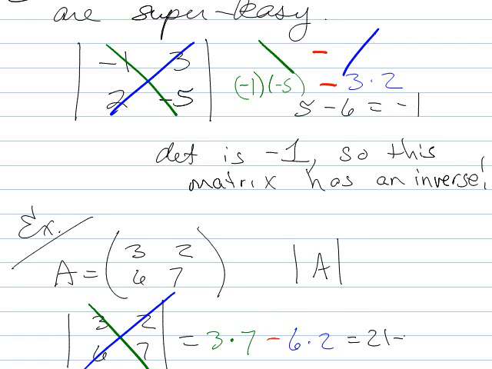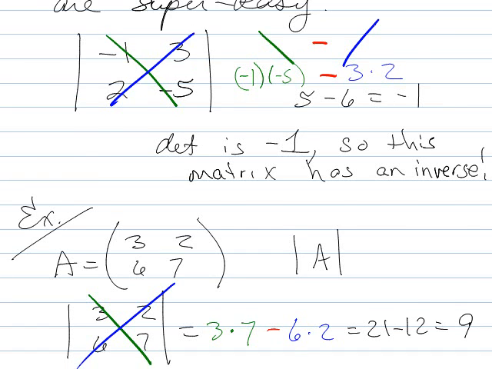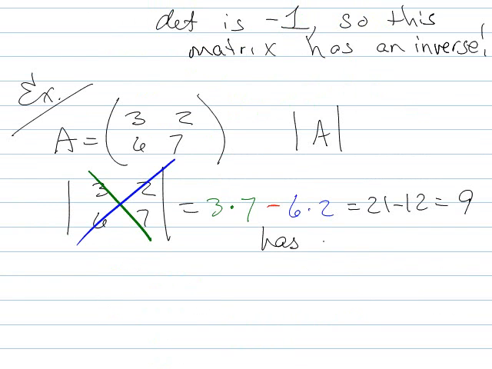So 21 minus 12, or what is that? Come on, I can do it. 9? 9. The determinant is 9. So this matrix has an inverse. See, aren't these fun? It looks really complicated, but it's not that bad.